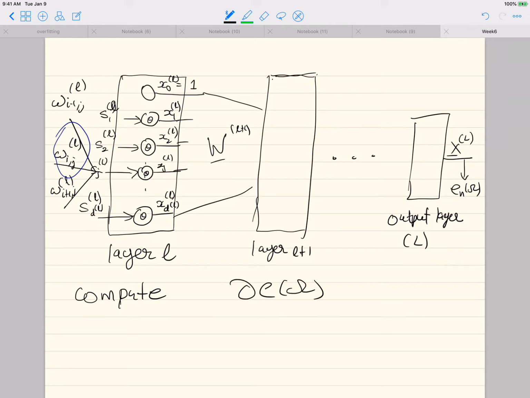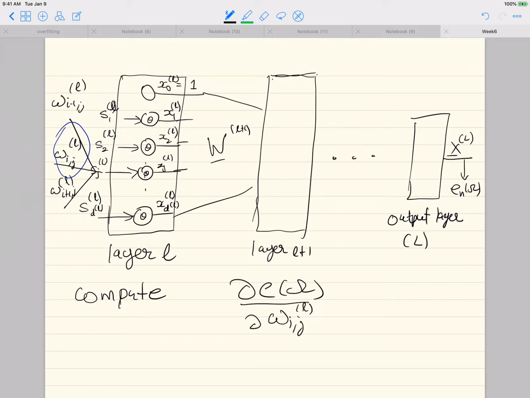That is dE of omega. Let's not worry about the subscript n; we'll just assume one generic example. We don't have to carry that. So we want dE of omega by dWij of L for all i, j, and L. But let's look at this specific weight. Intuitively, as we discussed before, we want to understand the sensitivity of the loss function to this weight.